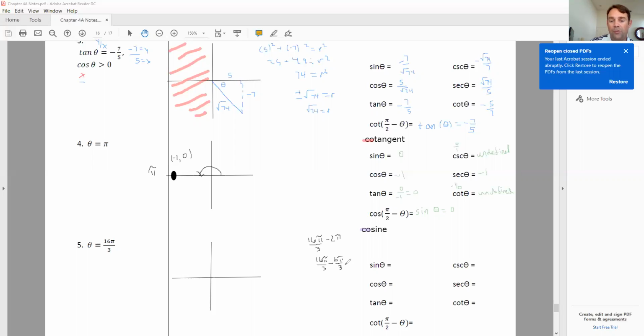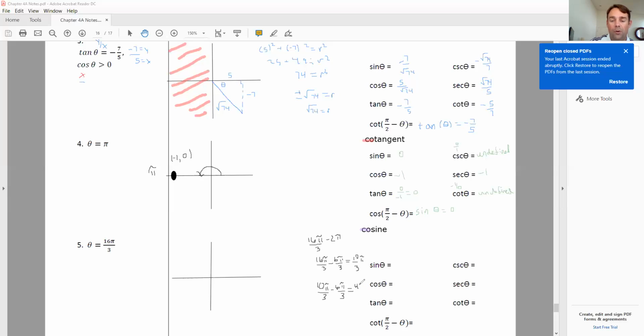So when I subtract 2 pi to begin with, I end up with 10 pi over 3. I didn't quite get us to where we wanted to get to yet. So we're going to do it again. And we'll subtract 6 pi over 3 again here. And we ended up with 4 pi over 3.